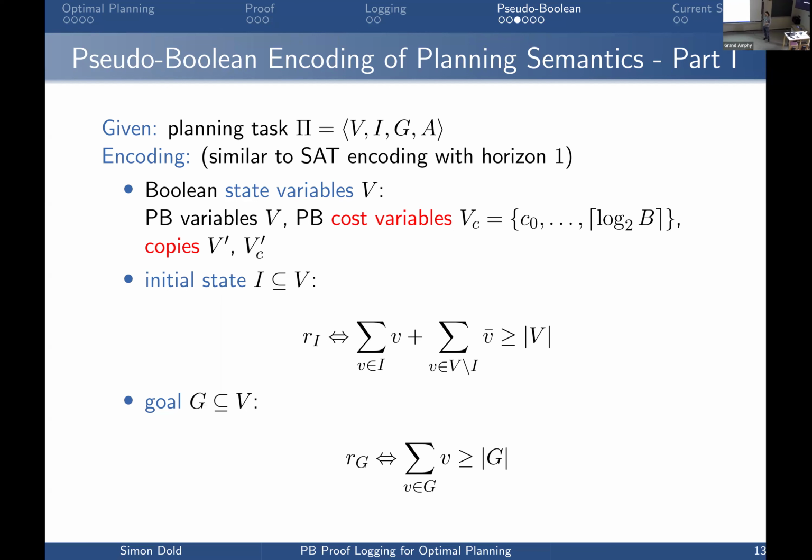And we are also having prime copies of these variables and cost variables. And you can view this as similar to the set encoding with a horizon of 1. So the v variables, they represent the current state, and the v prime variables, they represent the successor state.